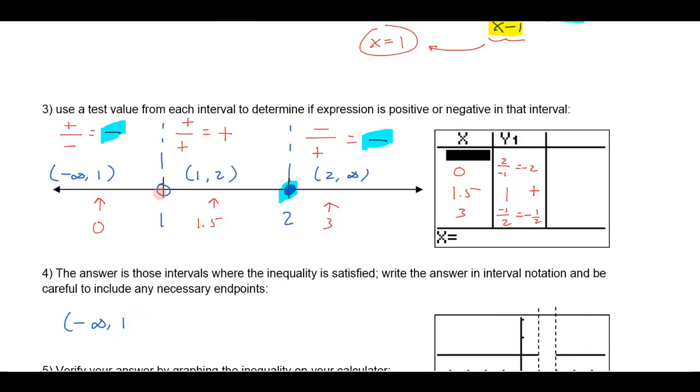Now I don't want to include 1 because remember that makes division by 0, union, and I do want to include 2 in this interval, so I put a square bracket, to infinity, and I include 2 because that made it equal to 0. So this is my solution, and I can get that just from the sign chart that I made up here, or by plugging in the test values and seeing where it's positive and negative.